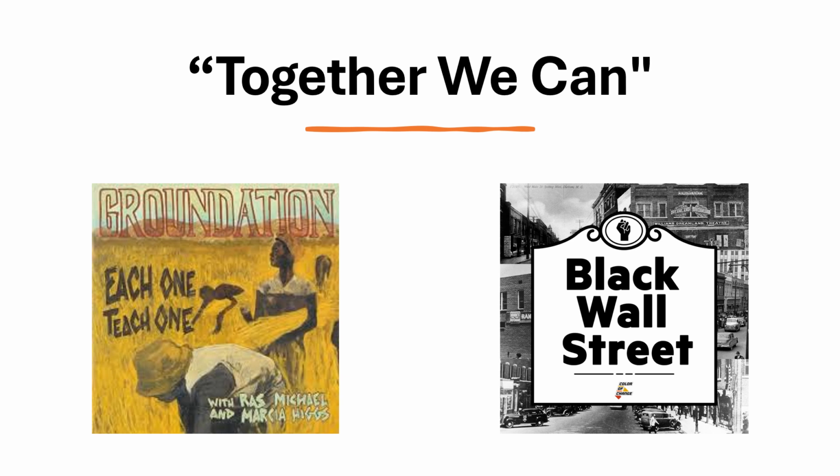So Black People United for Change brought this presentation to you because our mission statement is together we can. Together we can build up a Black Wall Street in Canada. And each one of us can teach each other something.